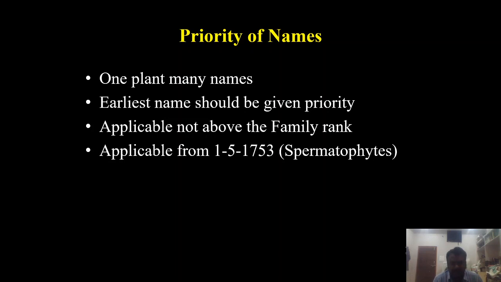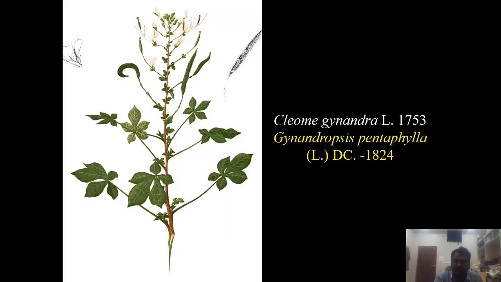In that situation, the earliest published name should be given priority. But this rule is not applicable above the family rank; it is applicable only to family rank or below. It is applicable from 1753, 1st May, for the spermatophytes.